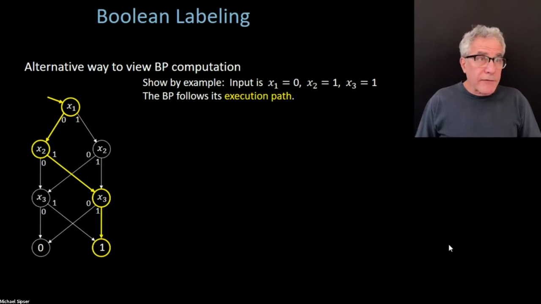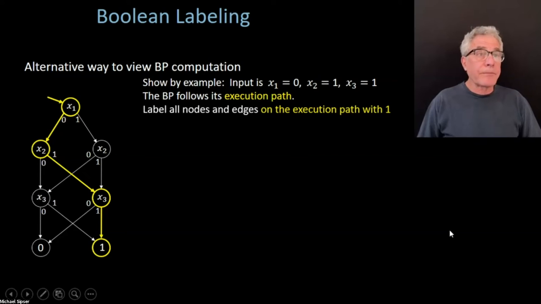This other perspective says, well, we're going to operate by labeling the nodes and edges of the machine. And that's going to have a very direct correspondence with the execution path perspective. So we're going to label all of the nodes and edges on the path with a 1, as indicated in yellow.